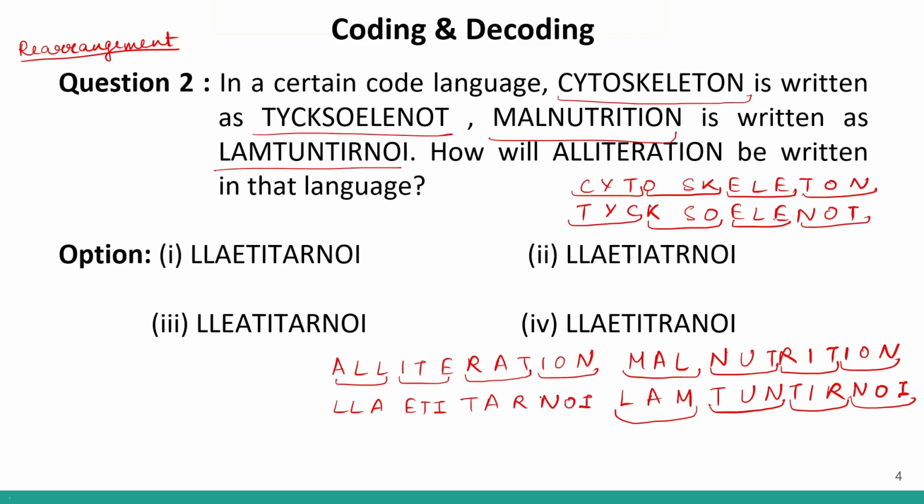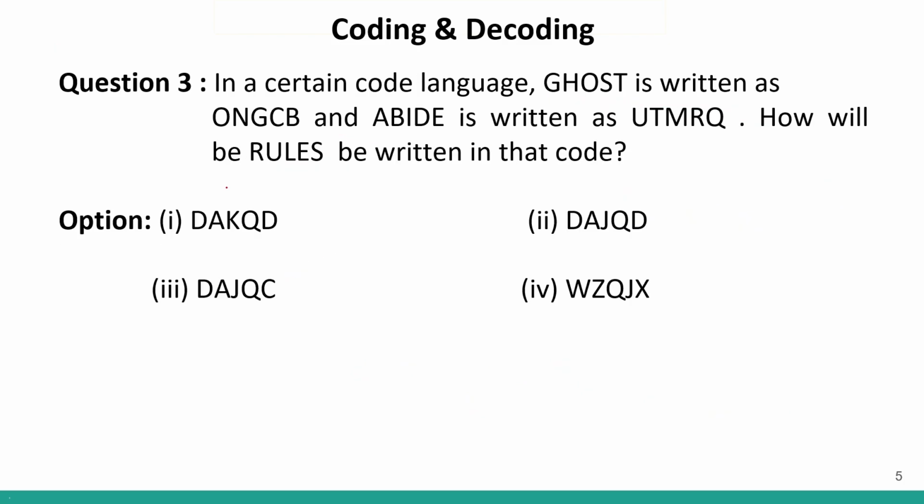This will be the order: LLA, ETI, then TARNOI. This is given in option number 1. So option number 1 will be the correct answer to this question.